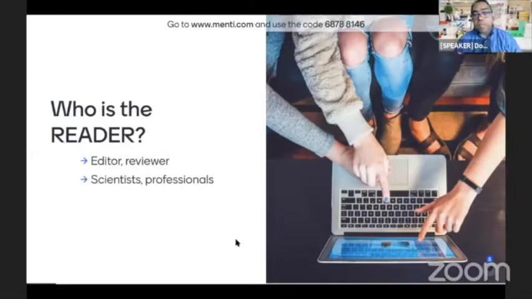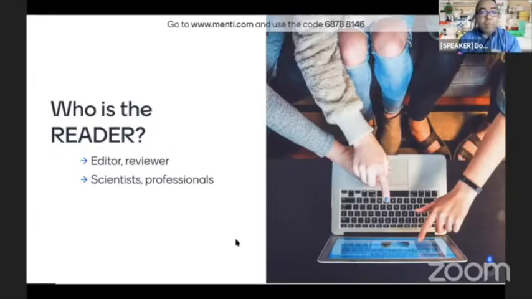Of course, if it is published or even if it is a thesis manuscript, scientists will also look into this. They might be interested in your work and they want to read your paper. So, pwedeng scientists and other professionals. Now, when I say professionals here, you have to remember that not all are experts in the field of research.